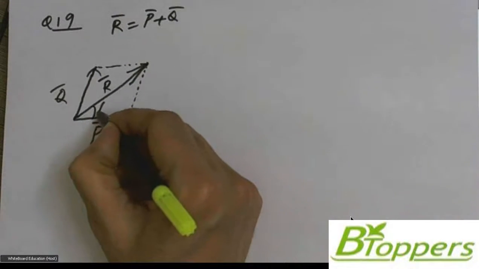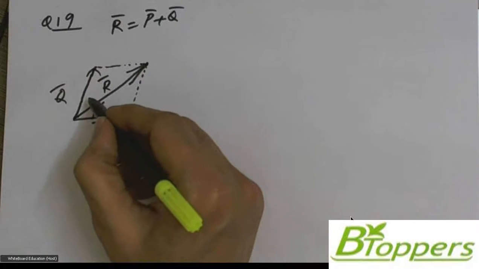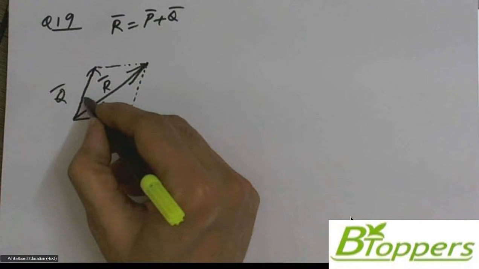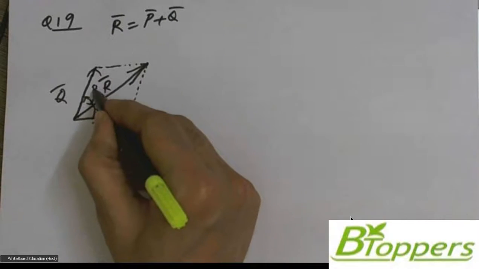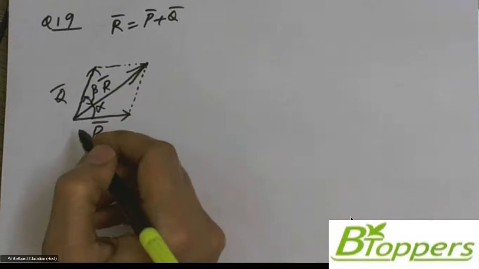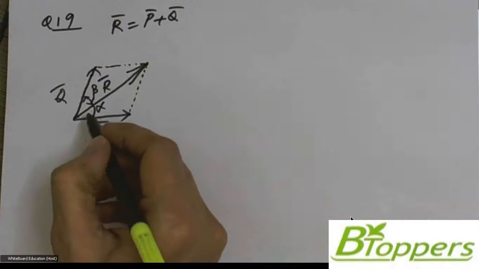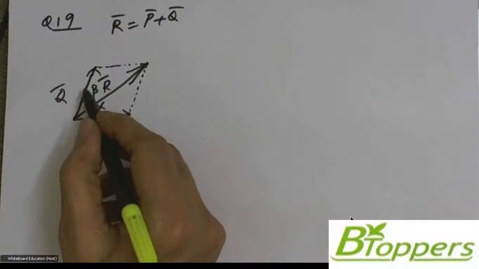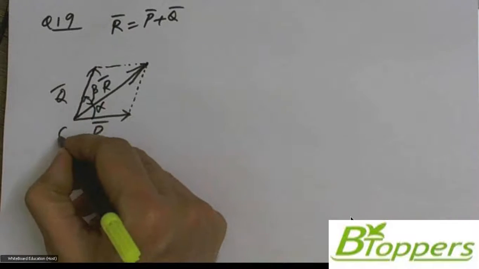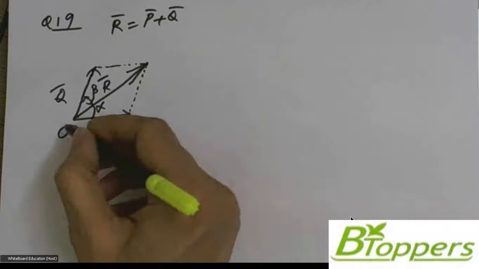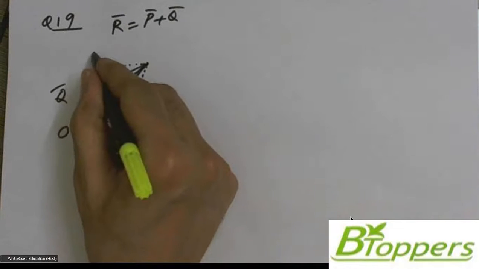Let alpha be the angle made by the resultant with the first vector P bar, and beta be the angle made by the resultant with the second vector Q bar. In the diagram, the directed line segment OA bar represents P bar.